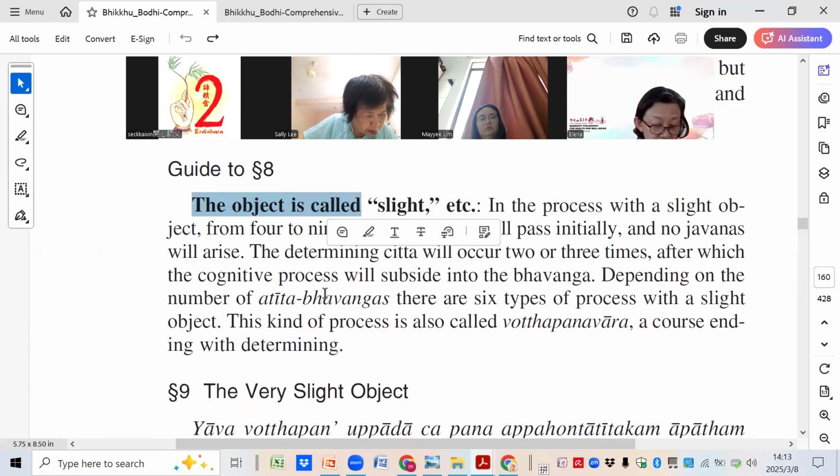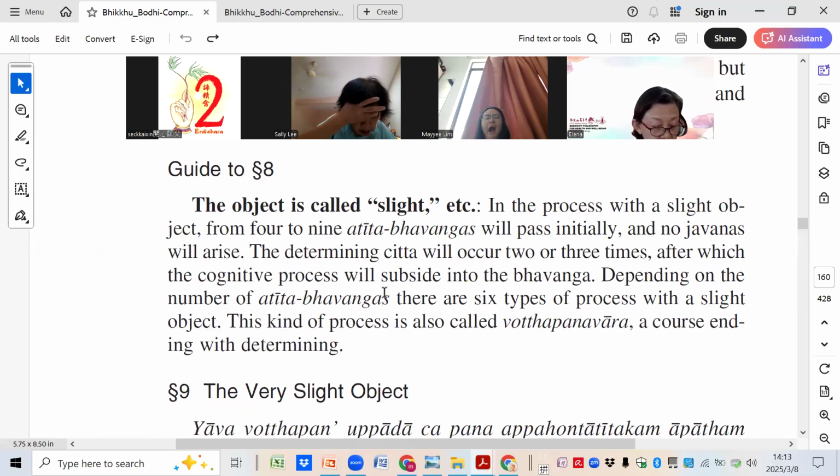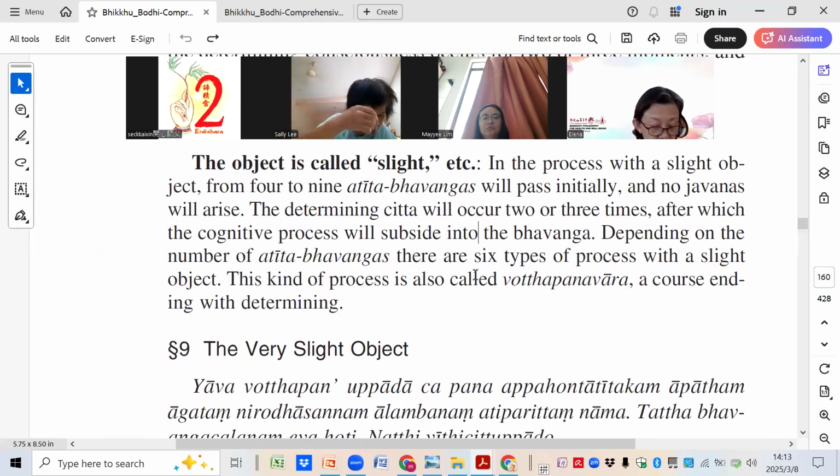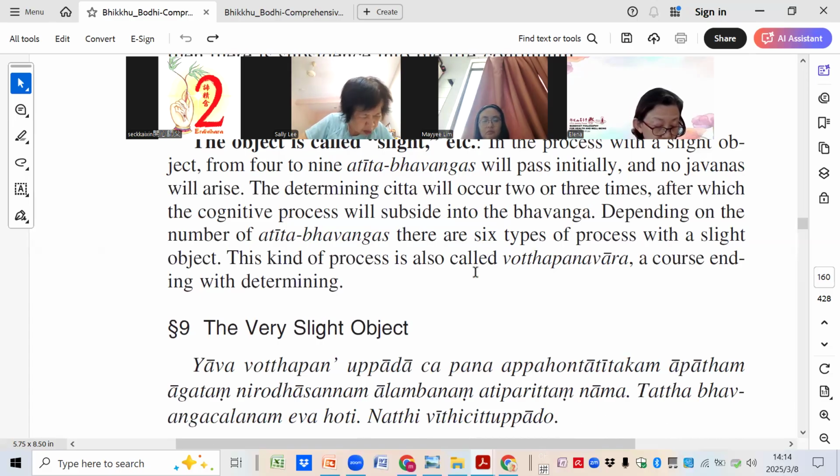The object is called slight, etc. In the process of a slight object, from 4 to 9 atita bhavangas will pass initially, and no javanas will arise. The determining citta will occur 2 or 3 times, after which the cognitive process will subside into the bhavanga. Depending on the number of atita bhavangas, there are 6 types of process with a slight object. This kind of process is also called votthapanavara, a course ending with determining.